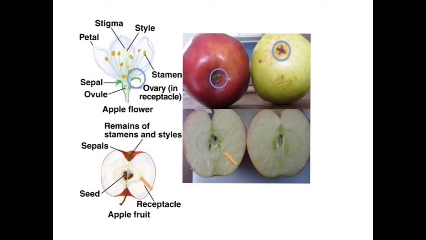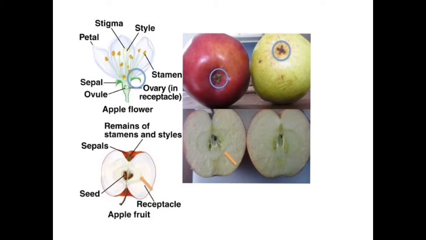Earlier in the lab we talked about the structures of our flower. Okay, now we're going to see how they compare to these fruit. So the fruit structures actually develop from the ovary, the ovules, and the bottom portion, and this fleshy part called the receptacle.